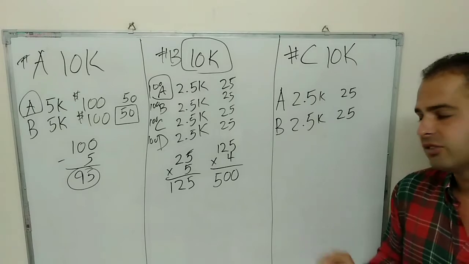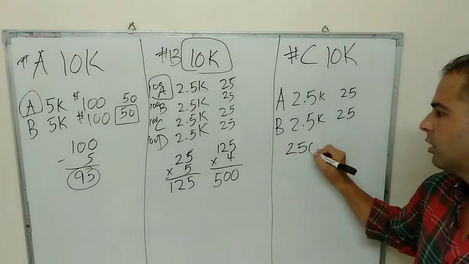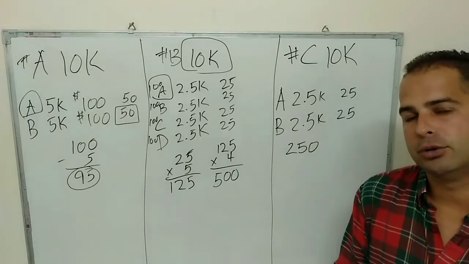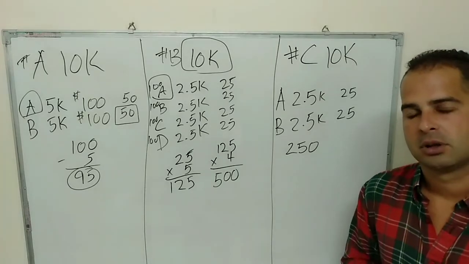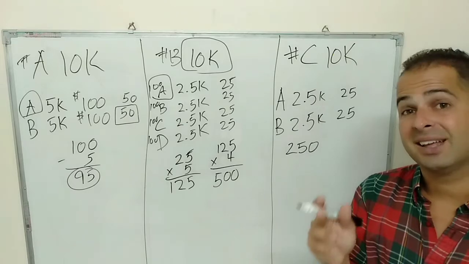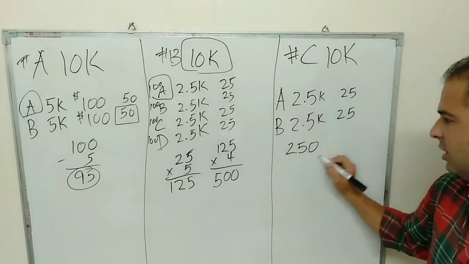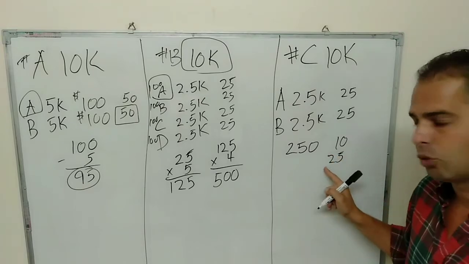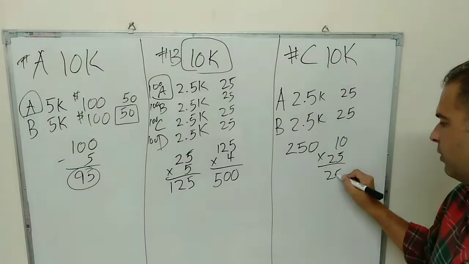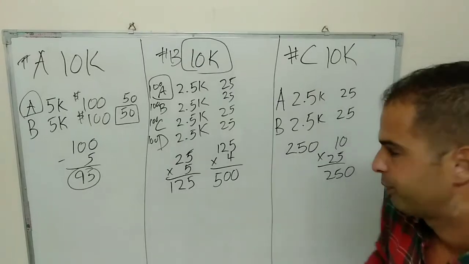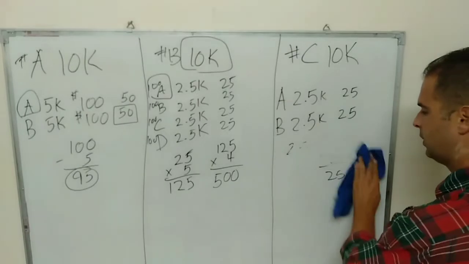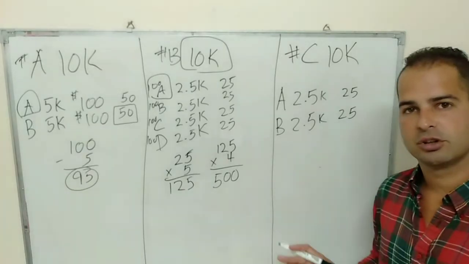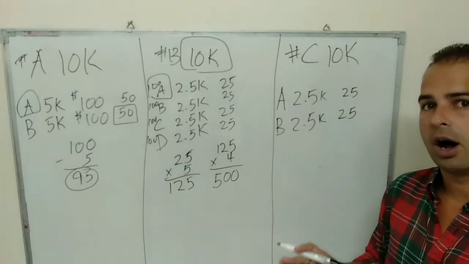And the question is, if I can lose $250 and I have 25 stock, how much can I lose for each stock? Your answer should be $10, okay? Because a $10 loss times 25 stock is 250 bucks. So now I can go to the broker and say, I'm willing to lose $10 off of 100.